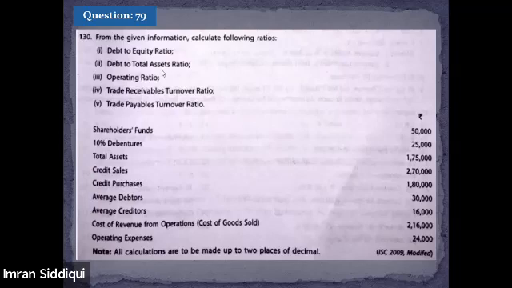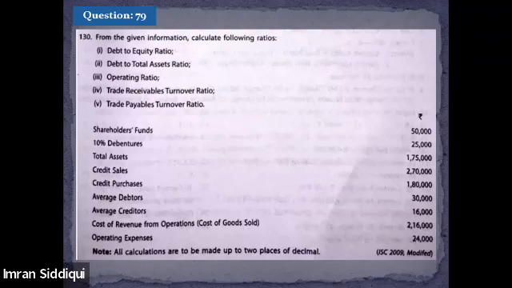Yes, that is right. And could you also confirm the operating cost? 2,40,000. So 2,40,000 divided by 2,70,000. That is what you have done.